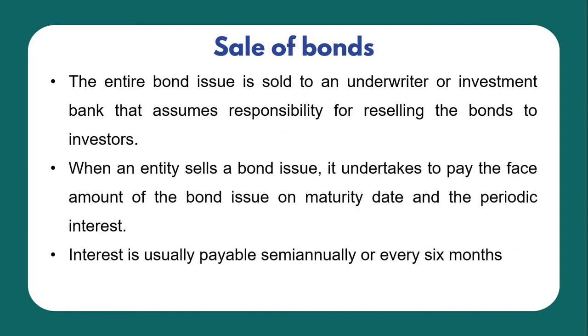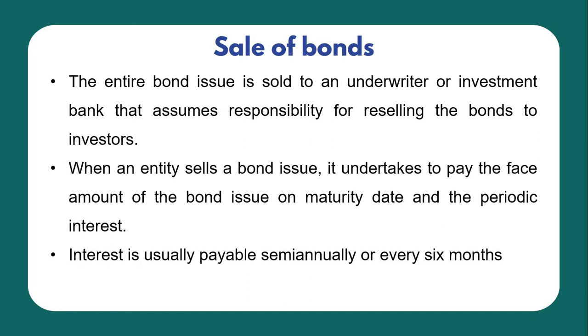Now, the entire bond issue is sold to an underwriter or investment bank that assumes responsibility for reselling the bonds to investors. So, usually, there is no direct transaction between the issuing entity and the bondholder. Instead, there is what is called an underwriter, or the middleman.